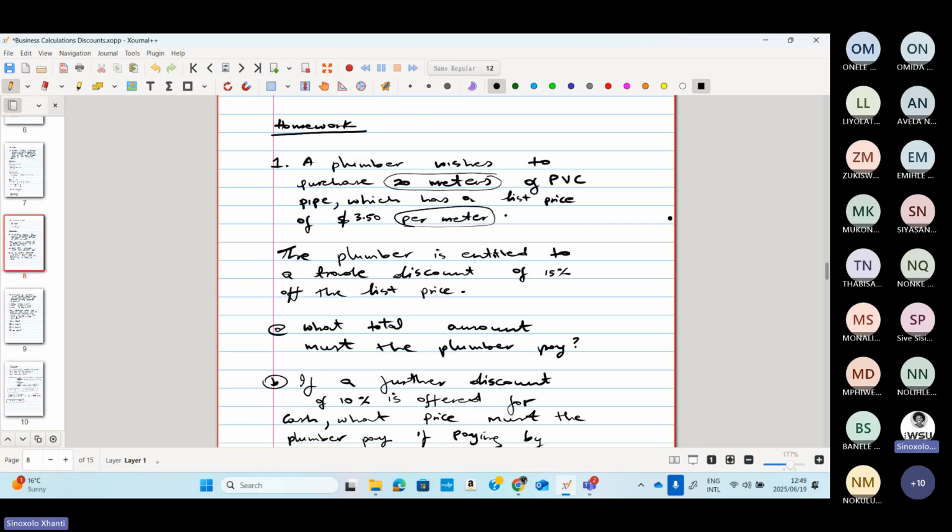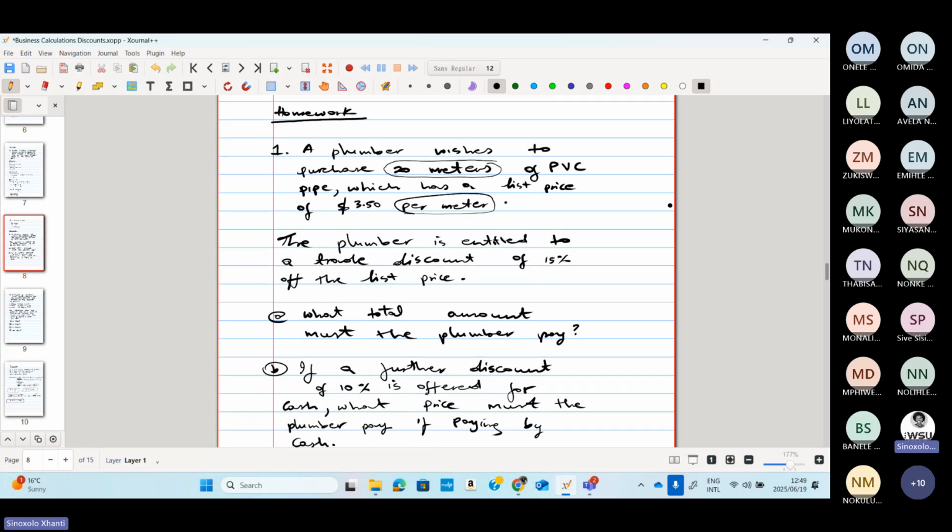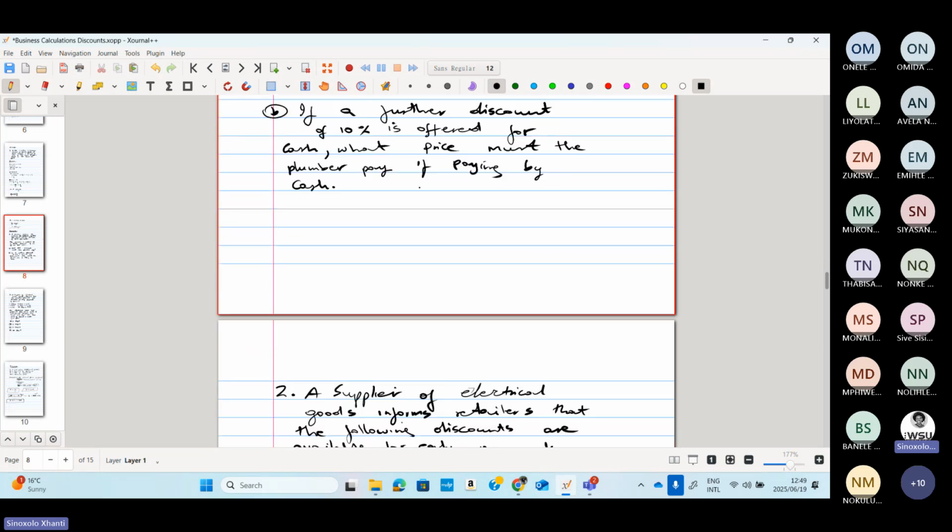Now, if I wanted to buy 20 meters, I have to multiply this by 20, because 1 meter costs this much, but I want 20 meters. So what is going to be our list price in this particular case?